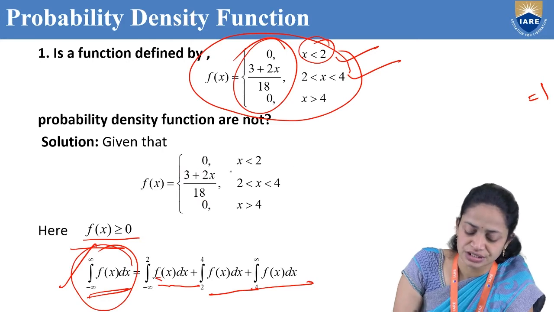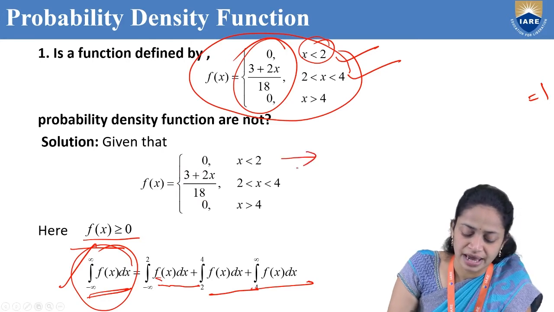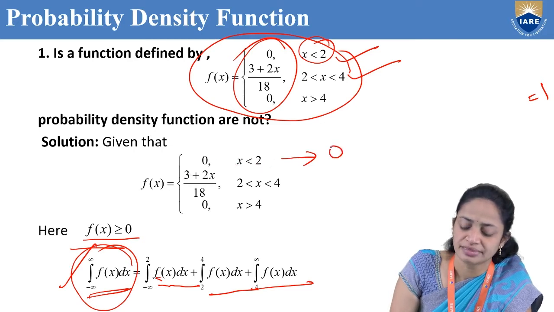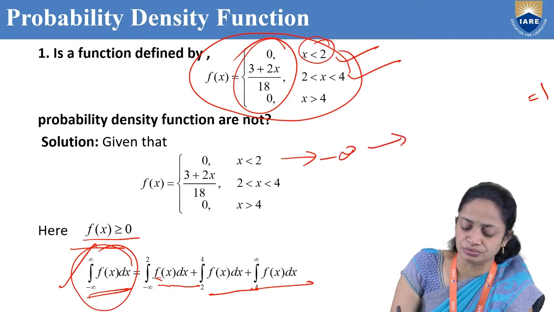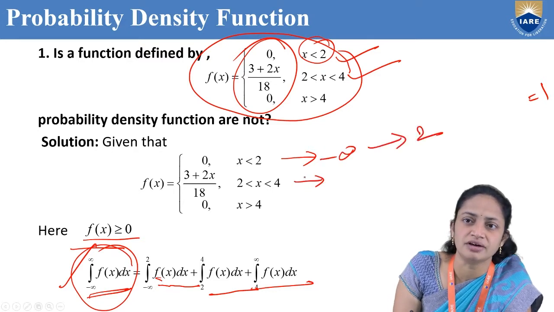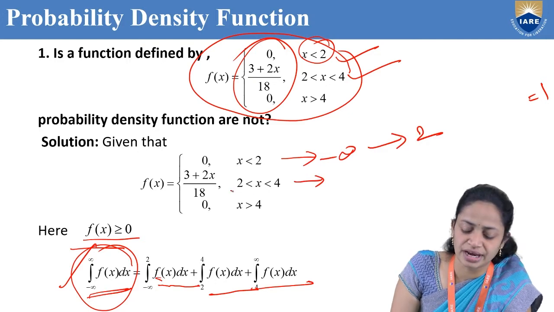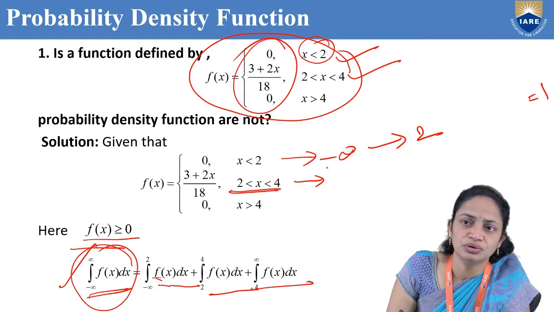Our function is, f of x equal to 0 where x less than 2. F of x equal to 0 where x less than 2 means that will be minus infinity to 2. Here we have the function (3 plus 2x) by 18, where the limits are 2 to 4.